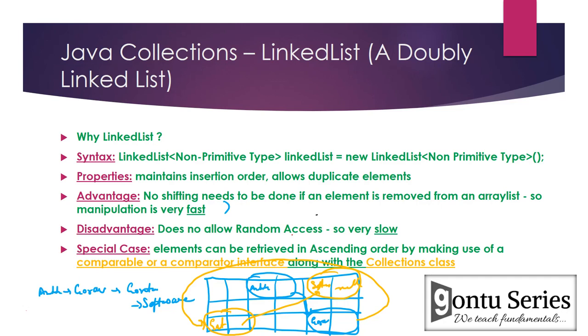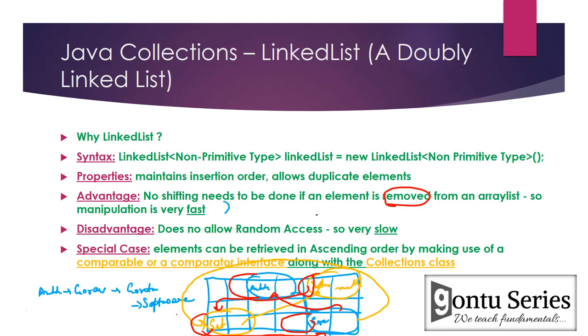Now when you remove an element from the linked list, oh sorry, this is not a singly linked list, this is a doubly linked list. So it's not going to occupy 2, it's going to occupy 3. So there is a third element here, here, and here. So this Gaurav is going to point to Ankush, this is going to point to Gaurav, and this is actually going to point to this.